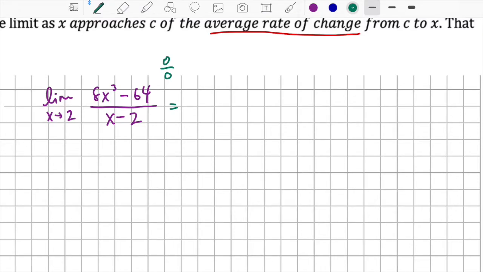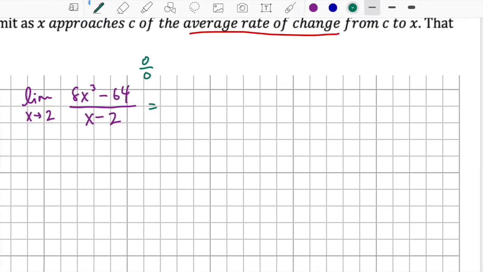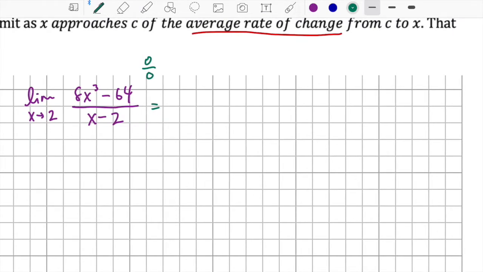So that tells me that it's an indeterminate form, and I have to somehow simplify so we can cancel something out. So let's see. Limit as x approaches 2. In the numerator, they have an 8 in common. So I'm going to factor that 8. And that leaves me with x cubed minus 8.